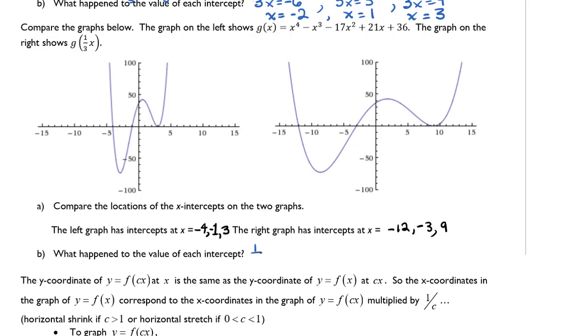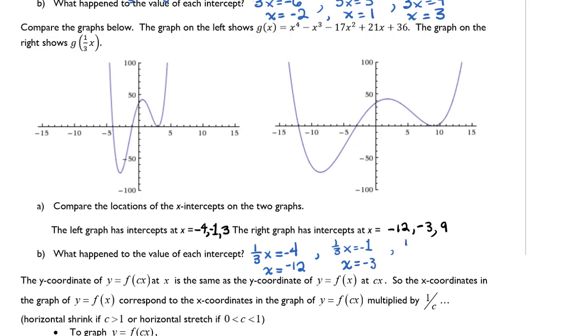If we set 1/3 x equal to -4, we can see that x, when we solve for it, will be -12. Similarly, if we have 1/3 x equals -1, solving for x will give us x equals -3.